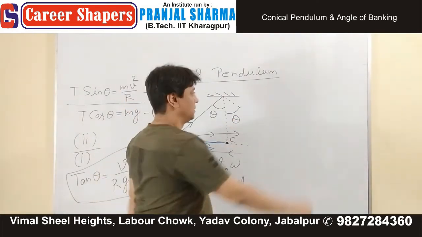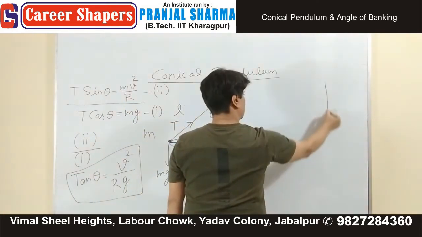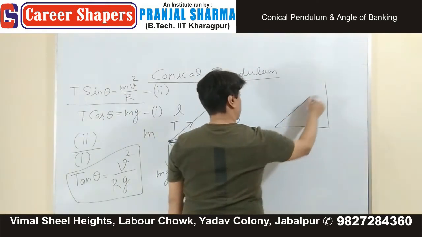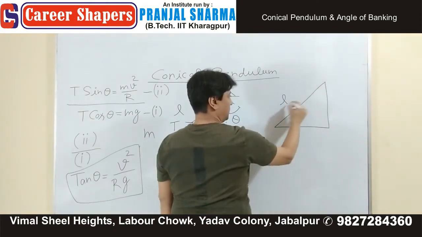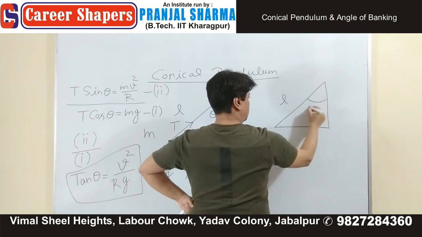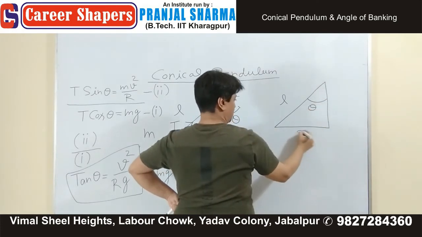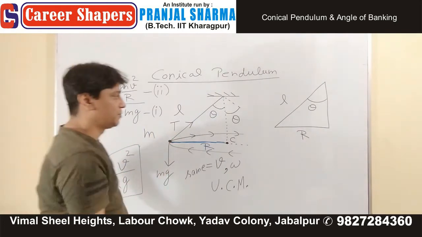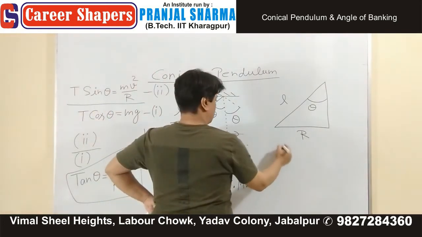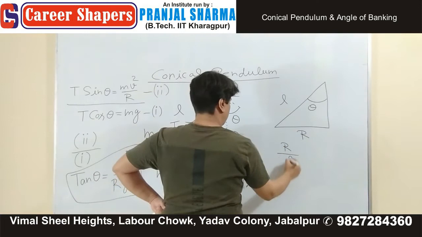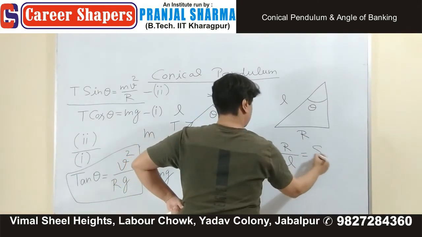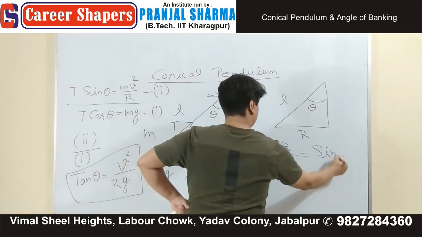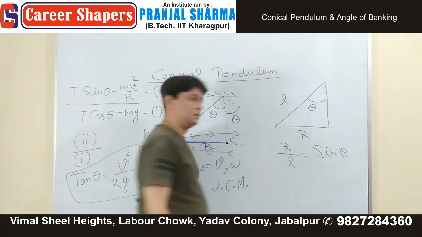Here, this is L, this is theta, this is R. Now asking you what is the relationship between L and R. R upon L is what? Sine theta.